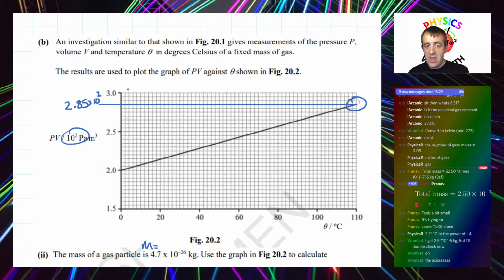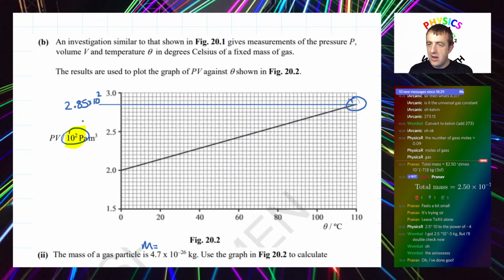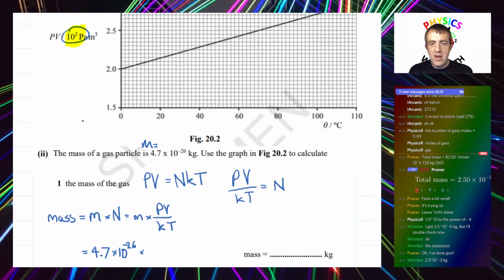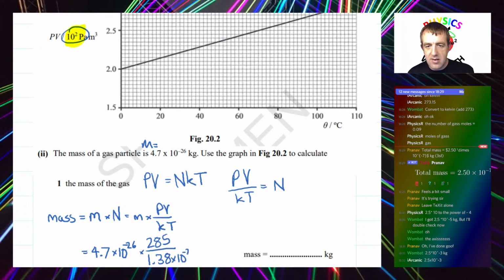This is GCSE. They will trick you at GCSE with this as well, although they won't necessarily represent the label on the axes quite like that. So let's type that into our equation. 2.85, 285, divided by, now I need my constant, and the gas constant I gave you before, I put it into the chat, although it's disappeared up the top of the screen, so I'm going to have to look it up again. 1.38 times 10 to the negative 23.